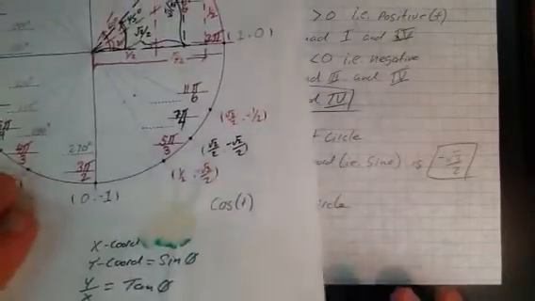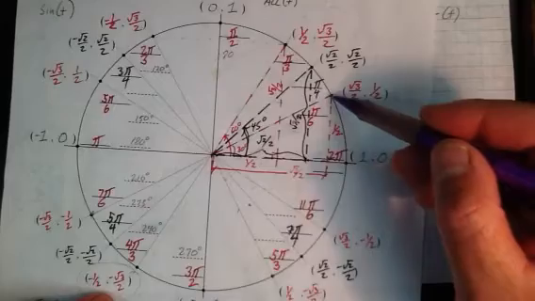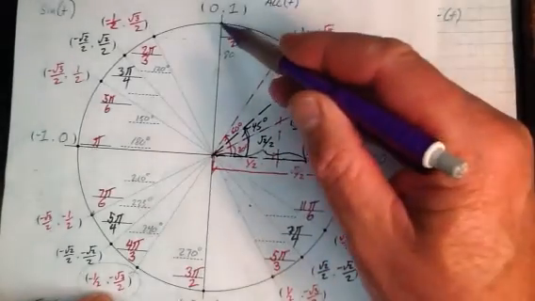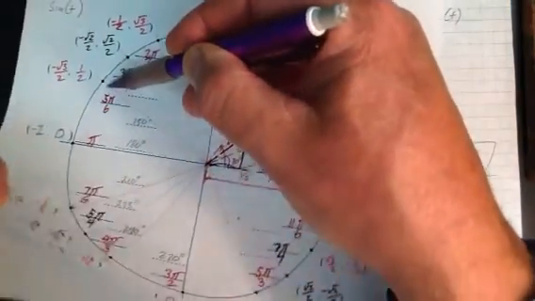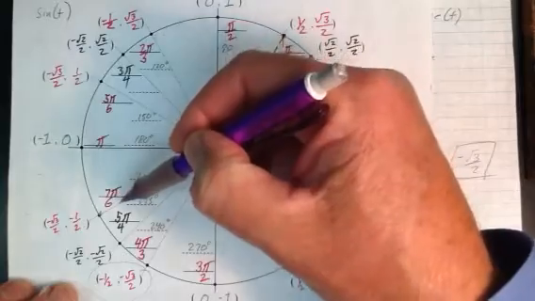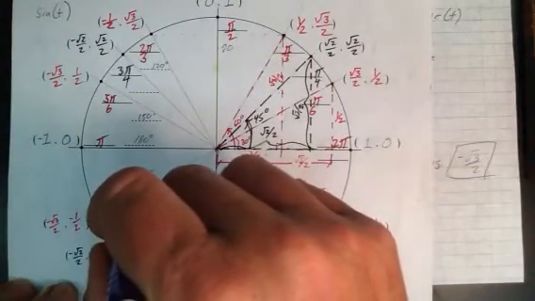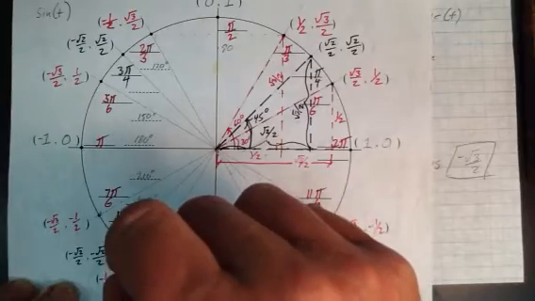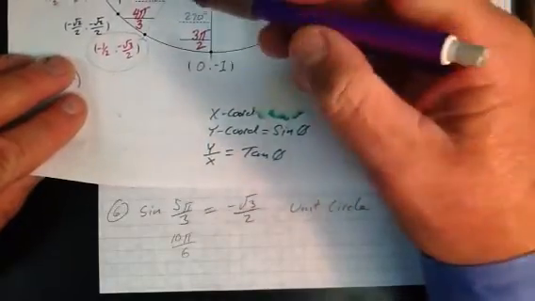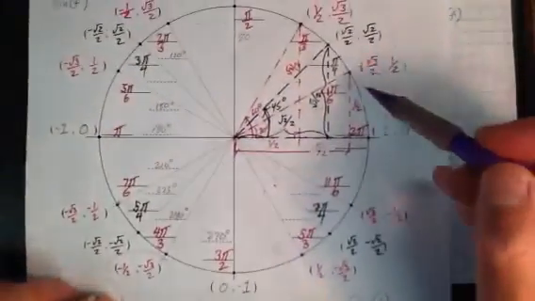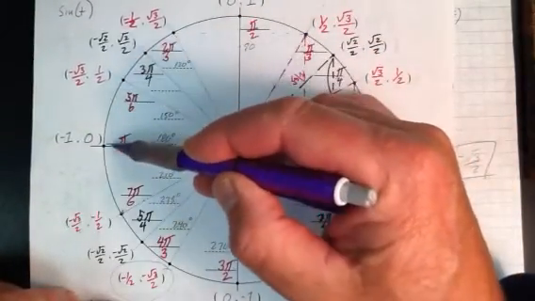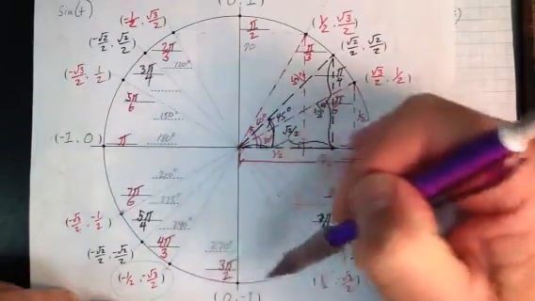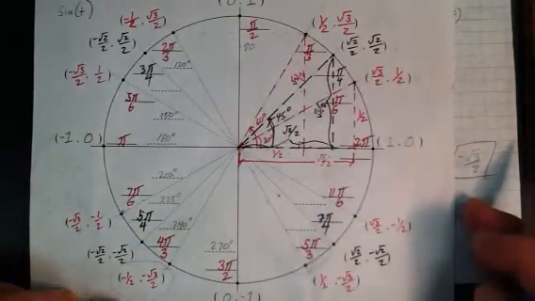All right, let's look at our unit circle. 1 pi over 6, 2 pi over 6, 3 pi over 6, 4 pi over 6, 5 pi over 6, 7 pi over 6, 8 pi over 6, 9 pi over 6, I think I'm miscounting, 10 pi over 6, 5 pi over 3, where did I screw up? 1, 2, 3, 4, 5, 6, 7, 8, 9, 10. There we go. Whew, long day.